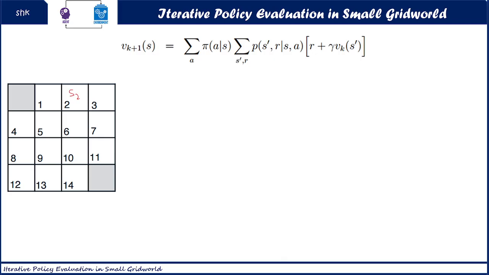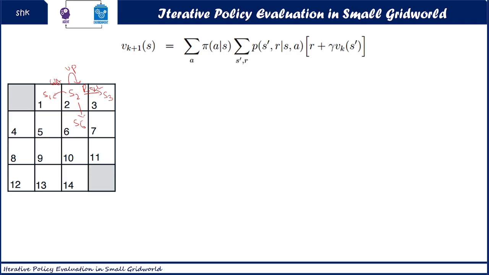If you observe, for the S2 state, if the action is towards the left side, the state changes to S1. If the action is towards the right side, the state transits to S3. If it is downside, the state changes to S6. For upward, we don't have any state, so it falls into the same state.